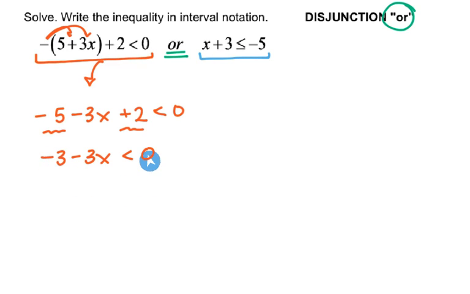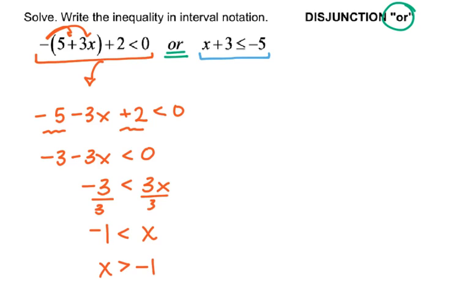I can move either the 3 to the right or this negative 3x to the right. Since my x has a negative coefficient, I'm going to choose to move that term. So I have negative 3 is less than, when it moves to the other side, that becomes positive 3x. I'll divide on both sides by positive 3. Negative 1 is less than x, which we can flip, and that becomes x is greater than negative 1.